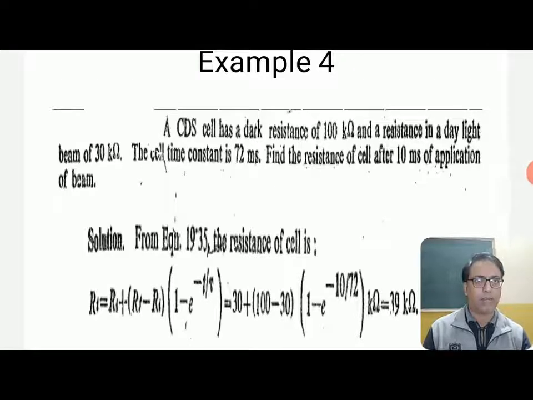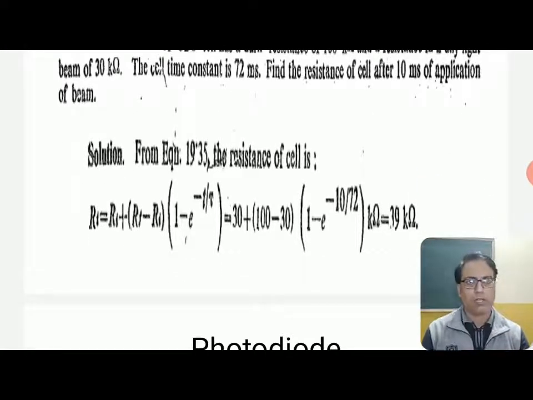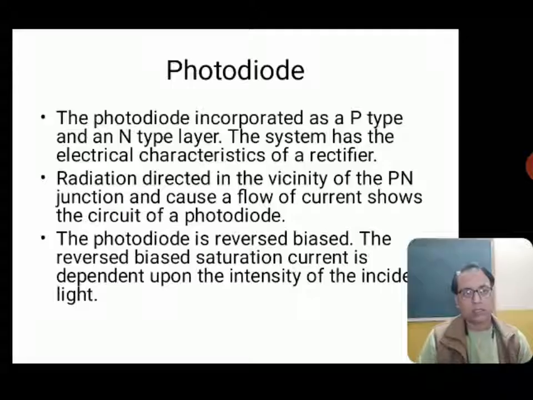When the daylight beam is producing a resistance of 30 kilo ohm, we simply use the standard formula which we have studied above and substitute the values of R_i, R_f and the time constant. You will get 39 kilo ohm.